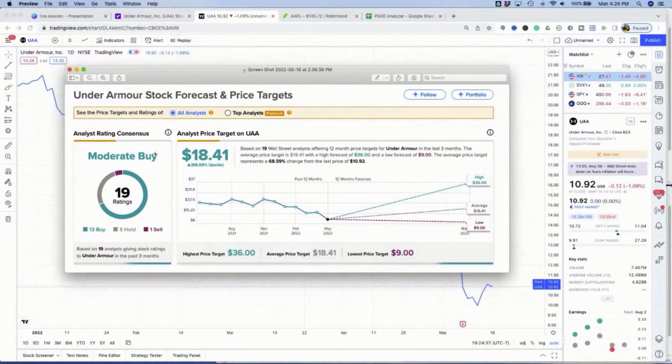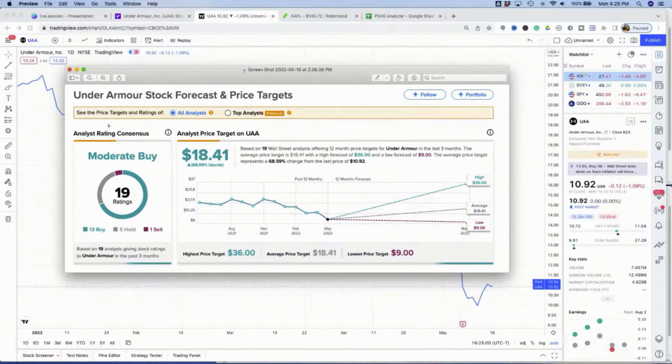We have no idea. But the industry analysts, their job is to take a look at a company, the current market trends, the global influencing factors, the macro and microeconomics, and make a prediction. And on average, they think the stock price might reach $18.41 over the next year, the next 12 months. No way to know that.